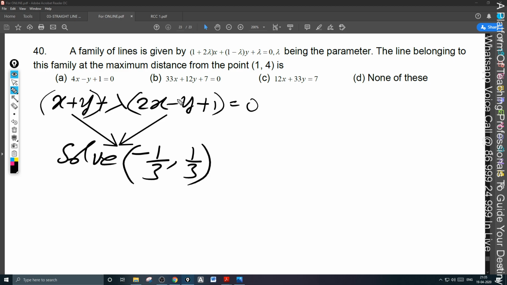Check it out now: minus 2 by 3, minus 1 by 3, minus 3, minus 1. That's right. So this is a point.